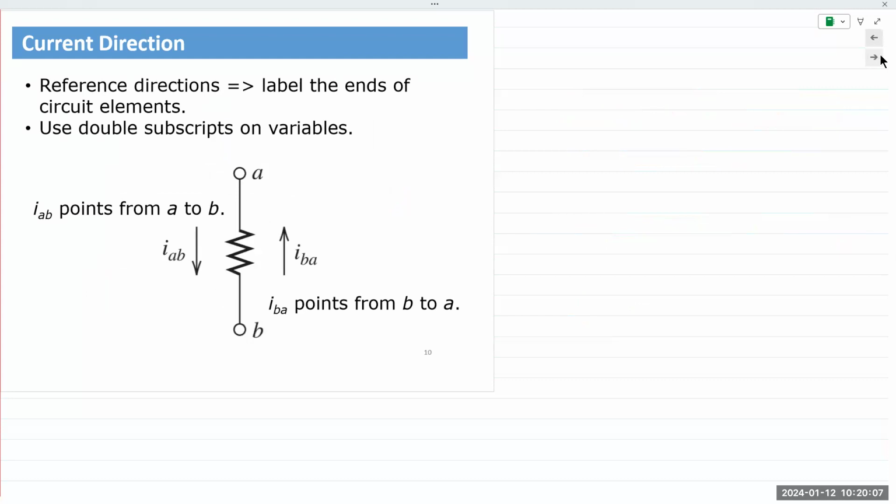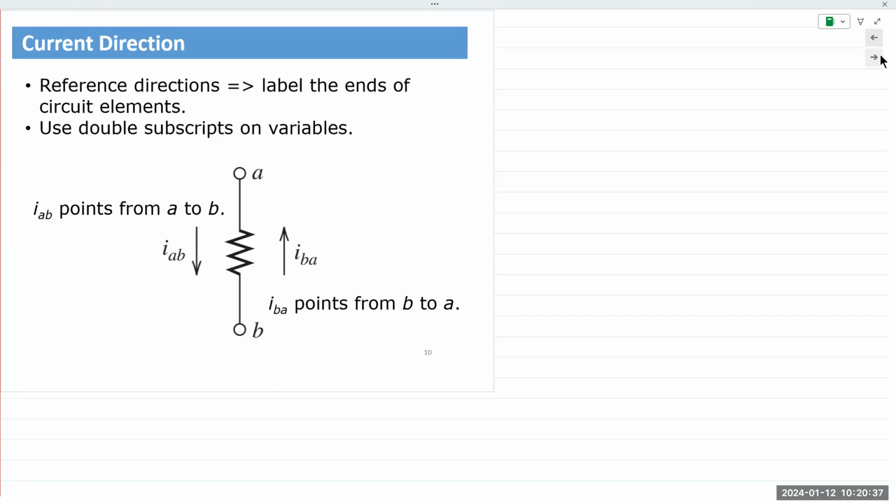Current directions. We have reference directions, where we have the ends of the circuit elements. Again, remember, current always flows through an element. Voltage is always across the 2 points, right? So when you choose the direction for the current, we use a notation based on 2 subscripts.